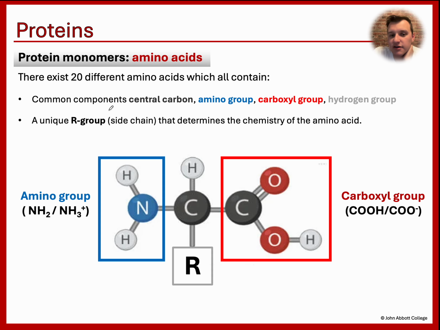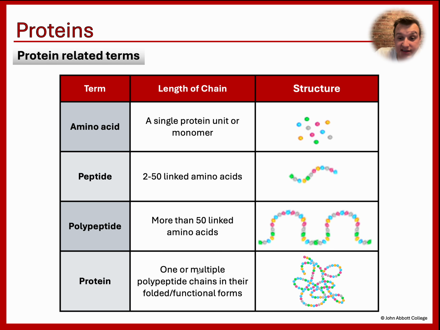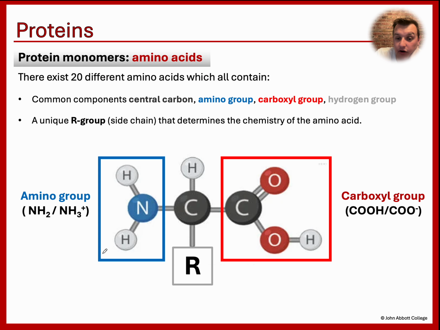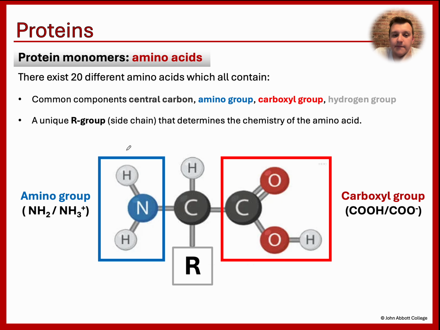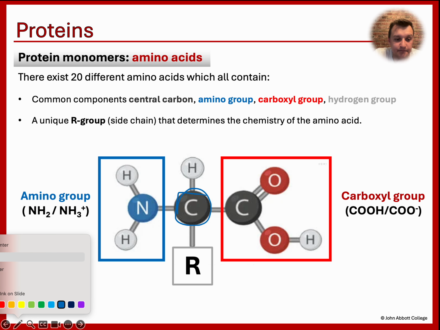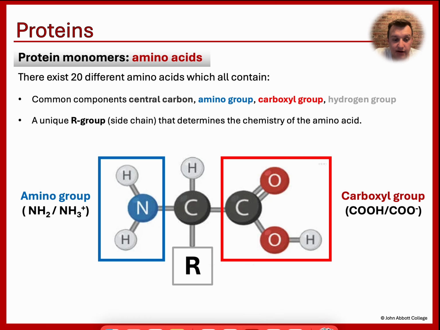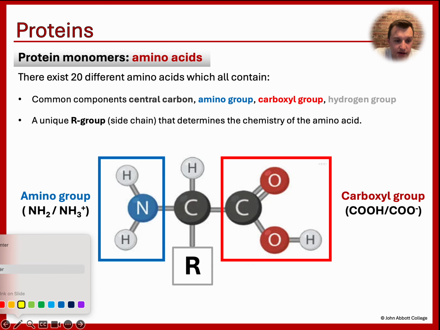They have a common component. So this is one amino acid. Do you see these little dots here? One of these dots, if I looked into the chemistry of it, would be all of this, okay? So one of these tiny amino acids looks like this. They have a common carbon in the middle, okay? Do you see the carbon right over there? So here's my common carbon in the middle, right?